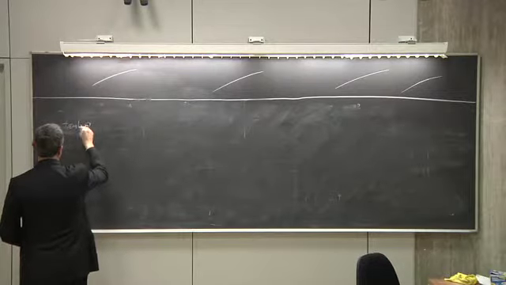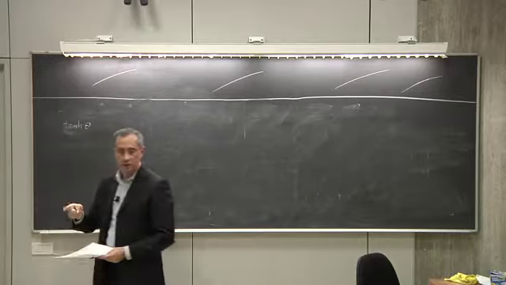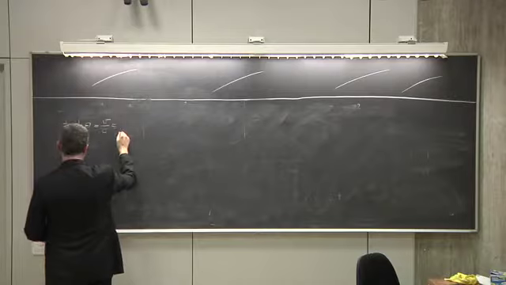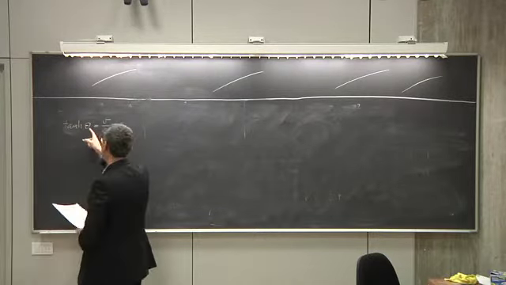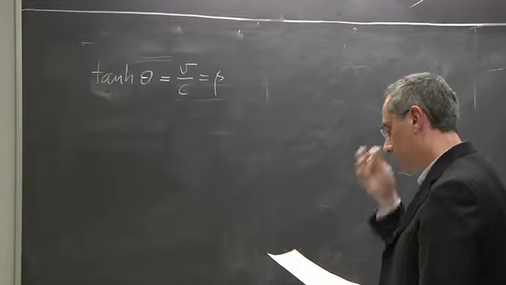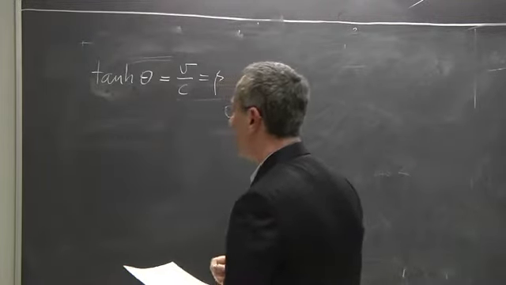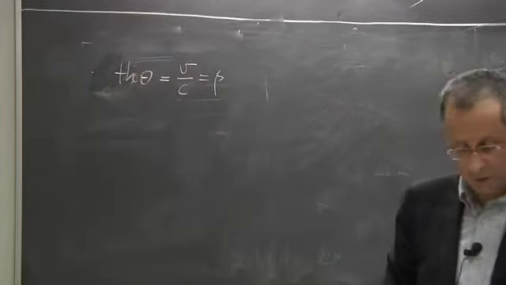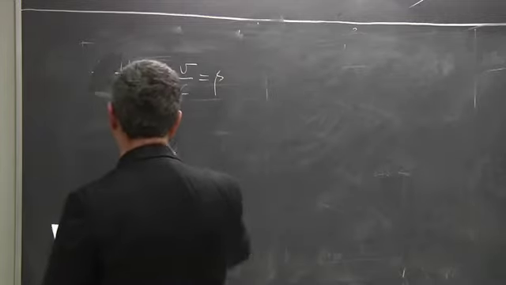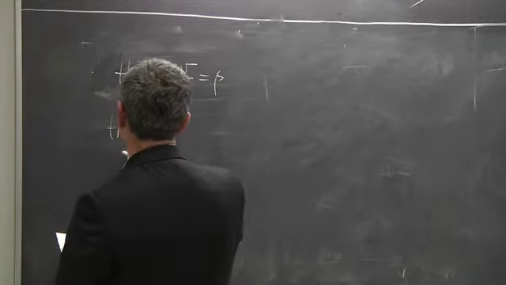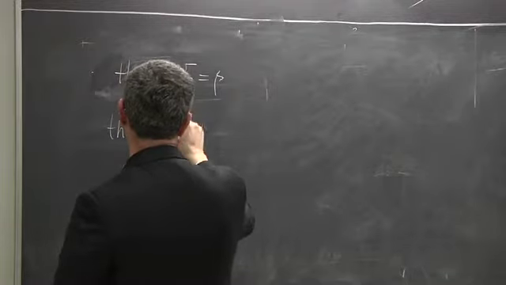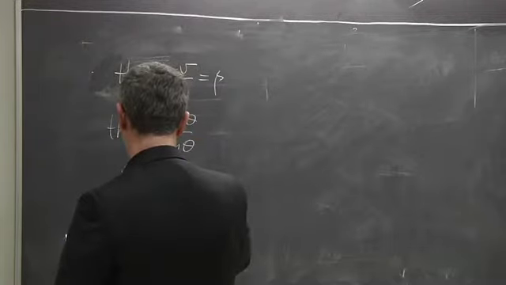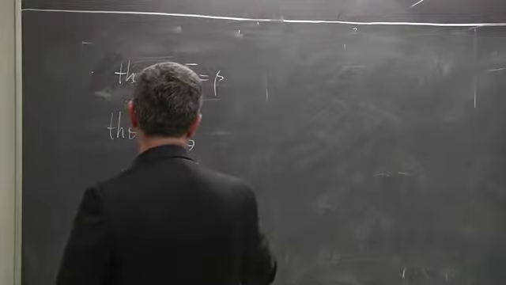So I introduce the hyperbolic tangent. This is the ratio of the sinh over the cosh. So I call beta this V over C, and I identify it with this angle. You remember that the hyperbolic tangent is the sinh divided by the cosh, and the cosh square minus the sinh square is equal to 1.